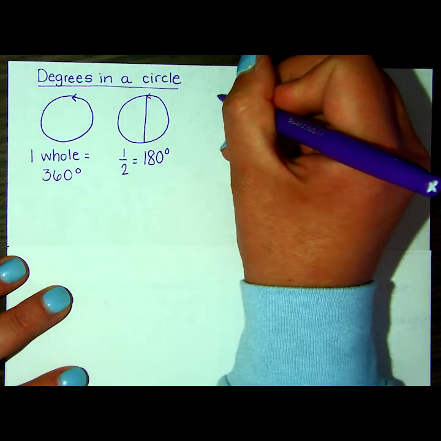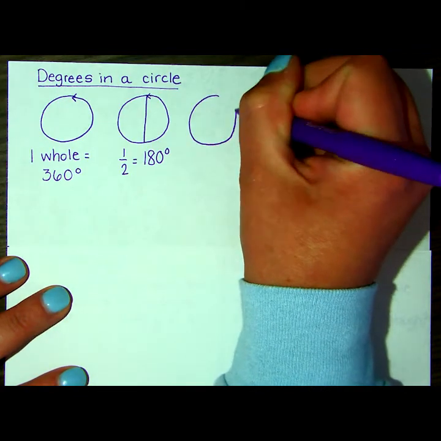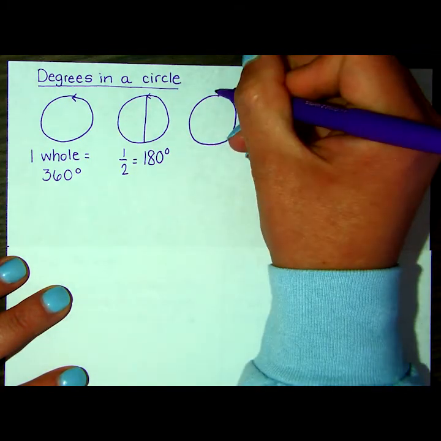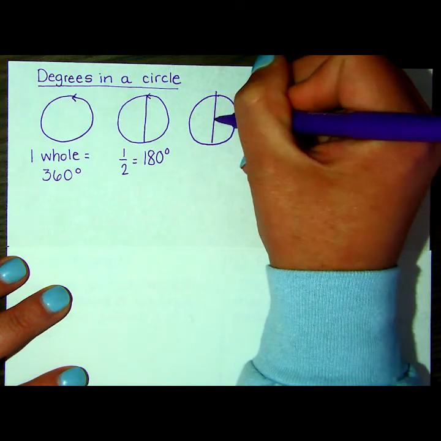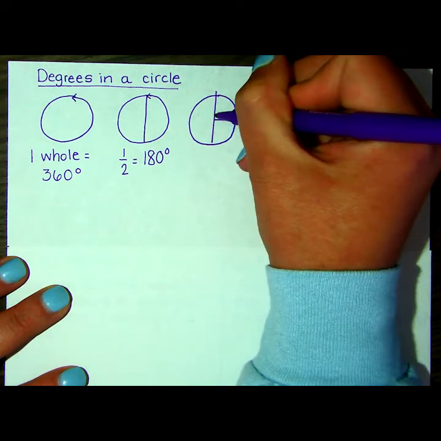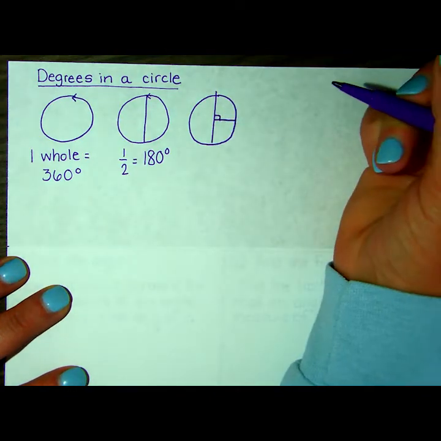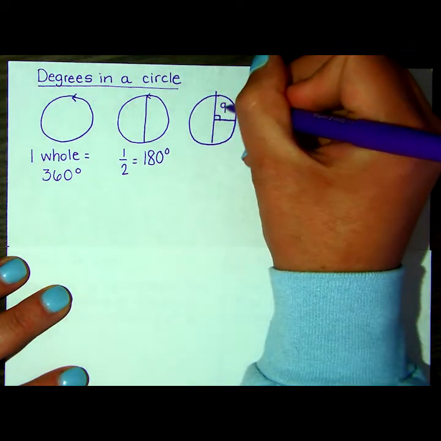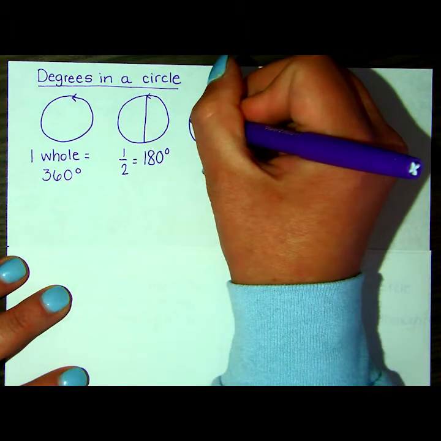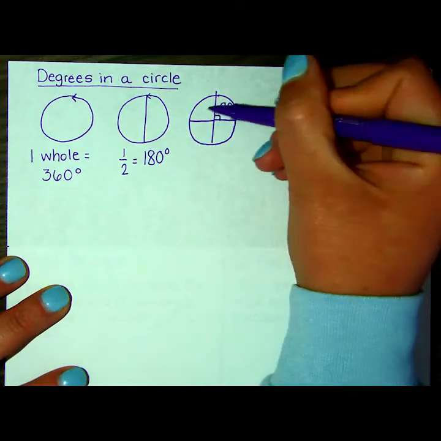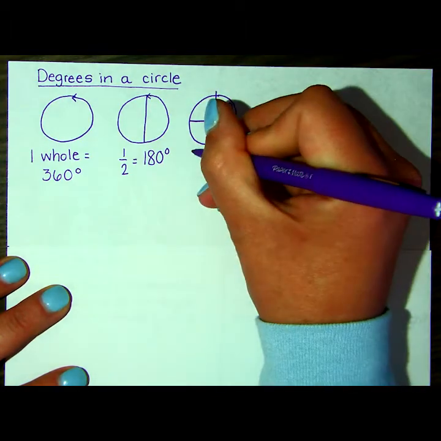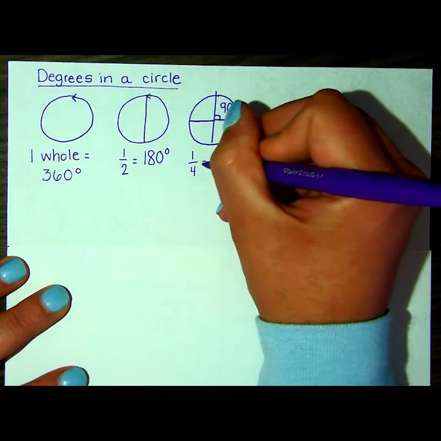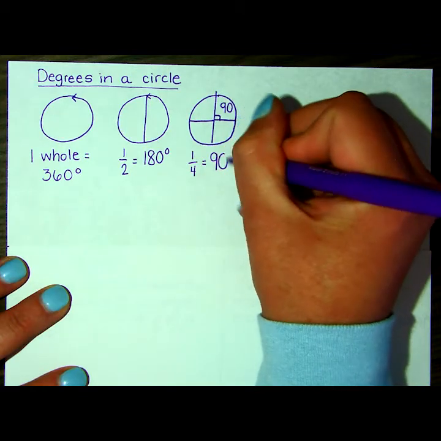Now, taking one step further, if I take that 180 and cut it in half, what does this angle measurement look like to you? That's right. This one would be equivalent to 90 degrees. And that would be cutting your full circle into 4 equal parts. So 1/4 is then equivalent to 90 degrees.